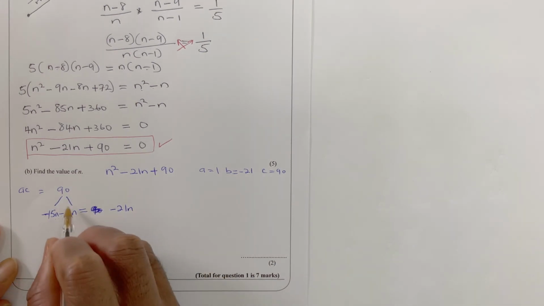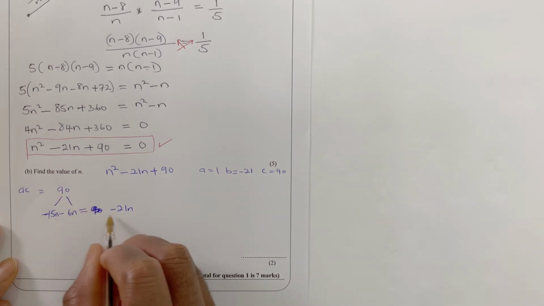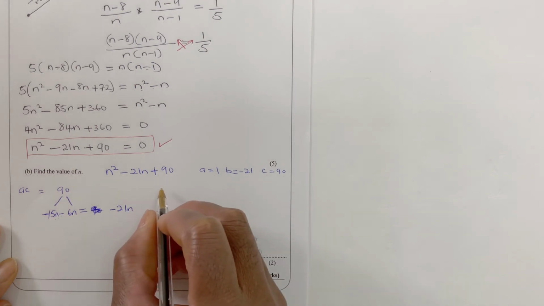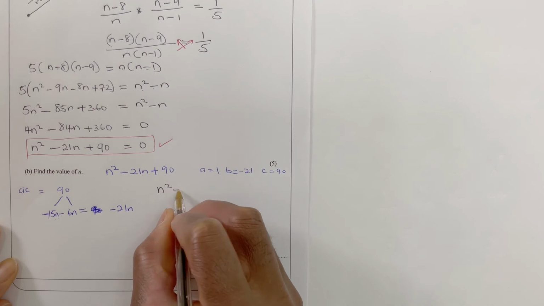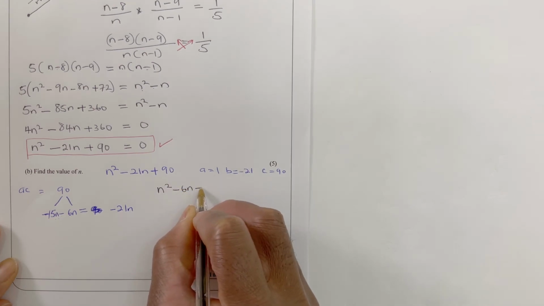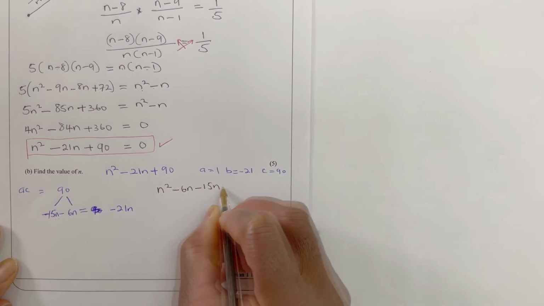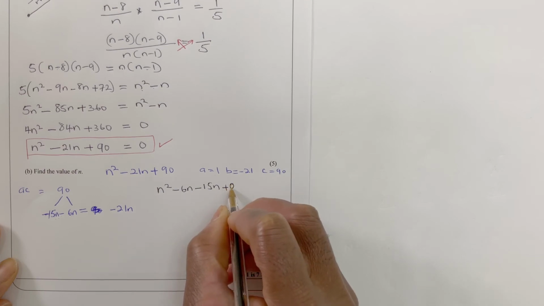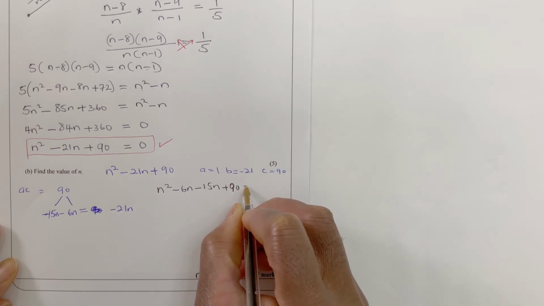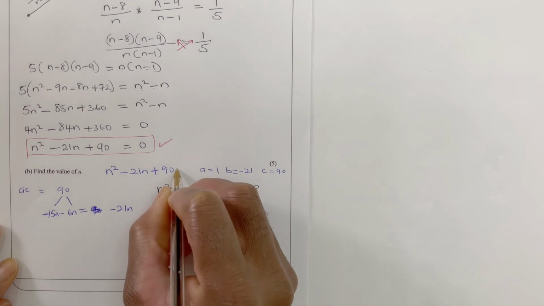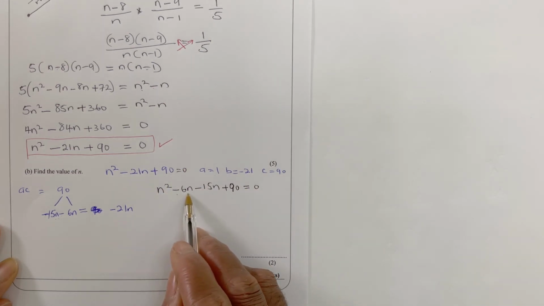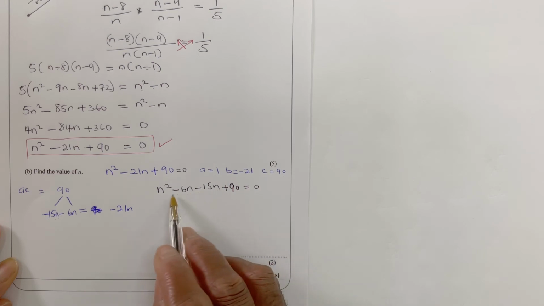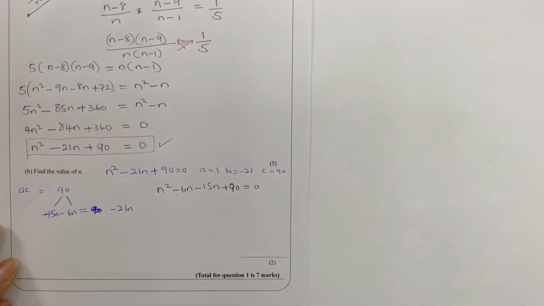The product gives me 90, and the sum gives me minus 21. So I can now write n squared minus 6n minus 15n plus 90 equal to 0. So minus 6 minus 15 is minus 21. I've replaced that with this one, which I got from here.